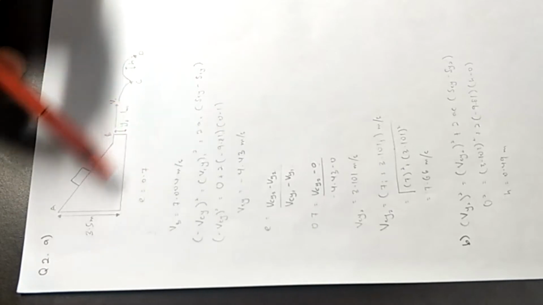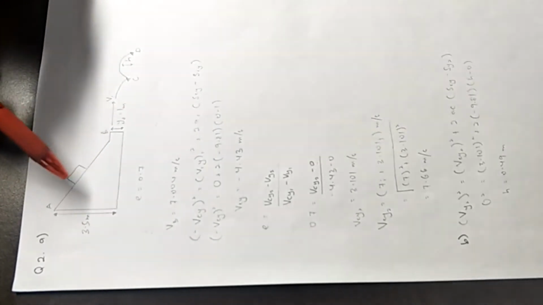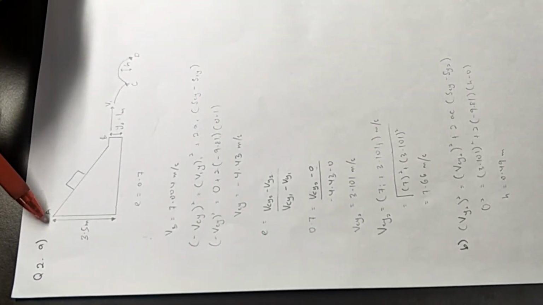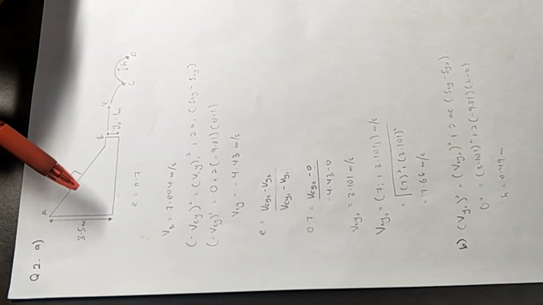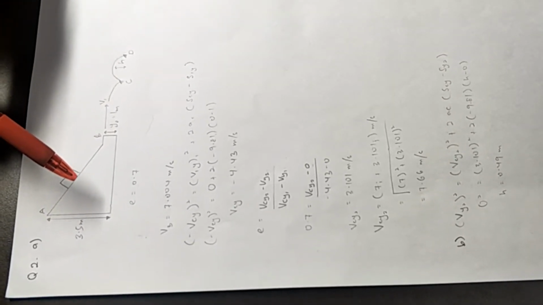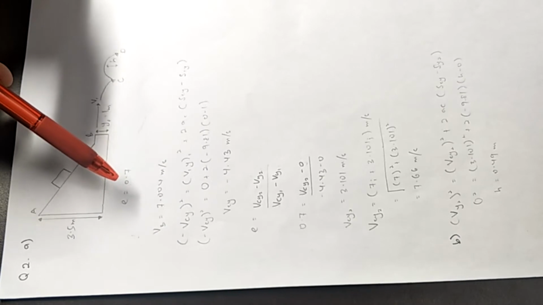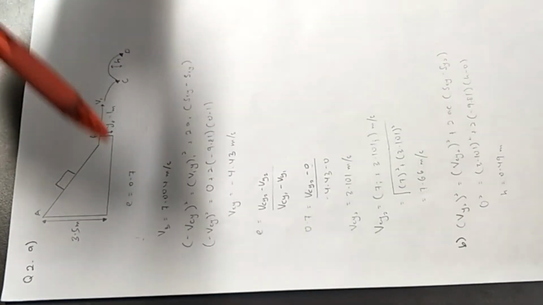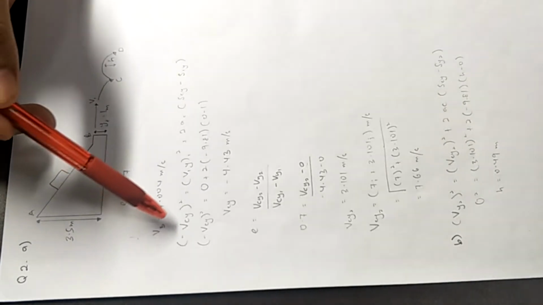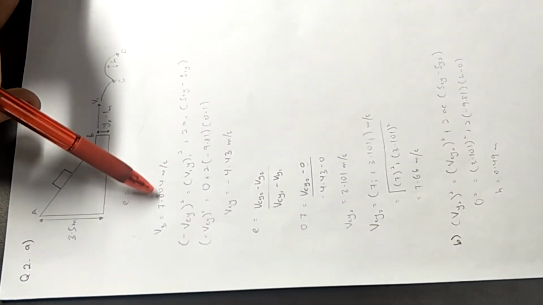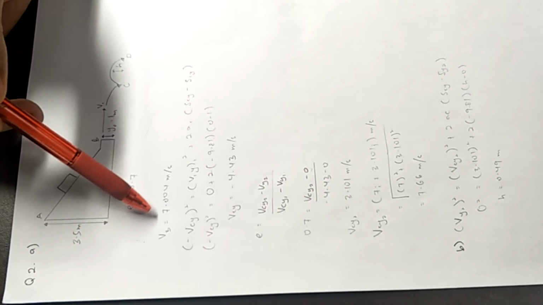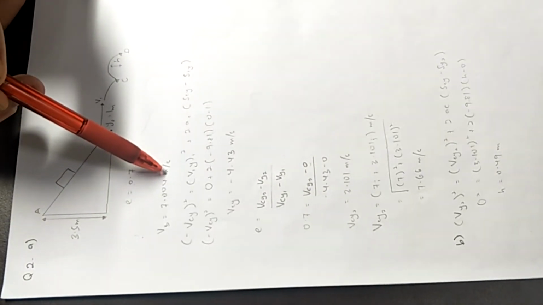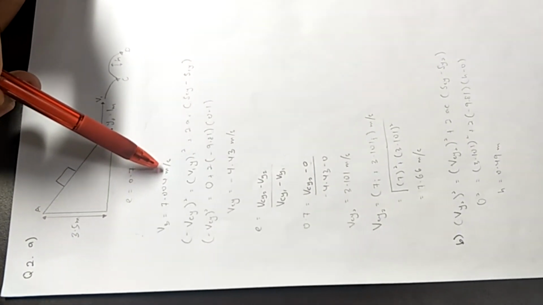To analyze question A, since the object is released from rest at the beginning, we use the principle of work and energy as I showed in question 1b. So we can get the initial velocity, which is the velocity of B equal to 7.004 meters per second.